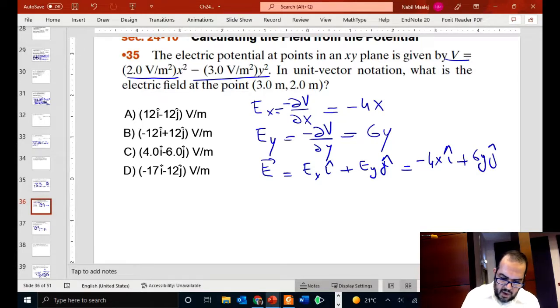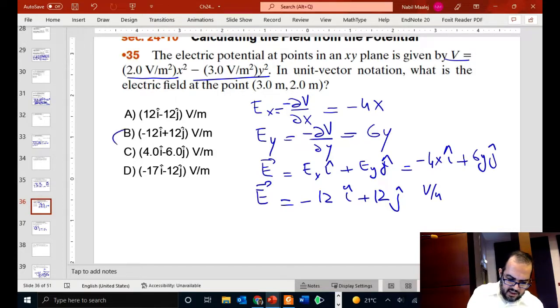And we have x and y, so this is going to be equal to minus 12 i plus 12 j. So this is the electric field in volts per meter. So the correct answer is B. Clear? So here we are using the potential in order to calculate the electric field. Next problem.